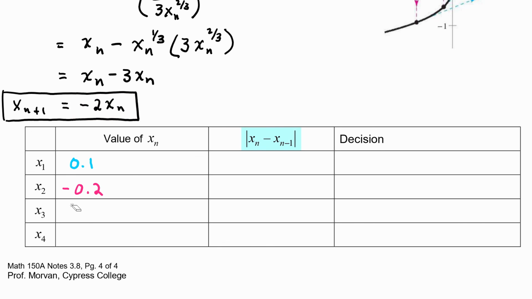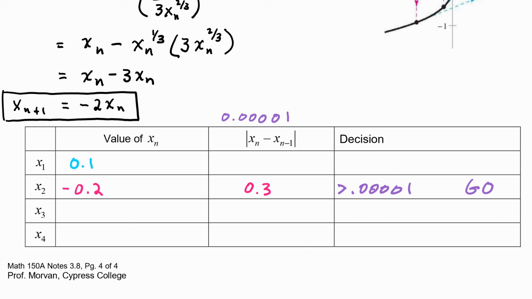Now when we subtract, we have negative 0.2 minus 0.1, that would be negative 0.3. Then we take its absolute value and we get positive 0.3. Now our accuracy was that we had to go to 0.00001. So this one's too big. So that tells us we have to go on and calculate x3.